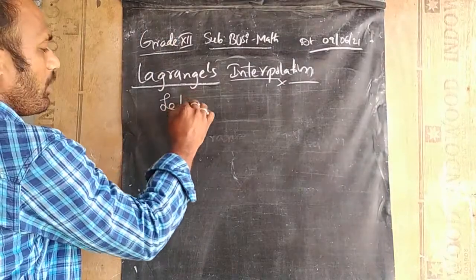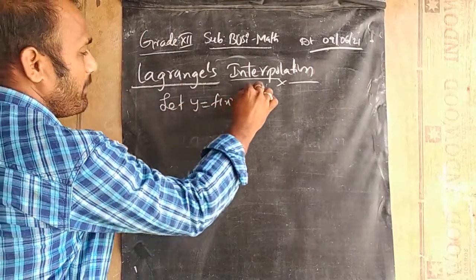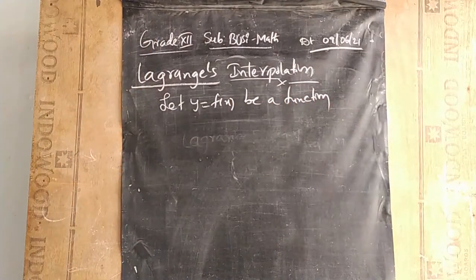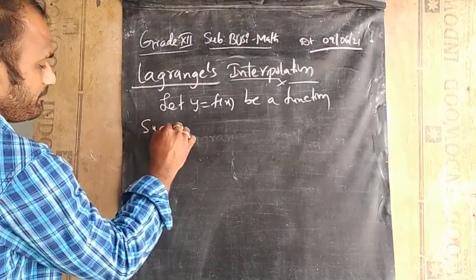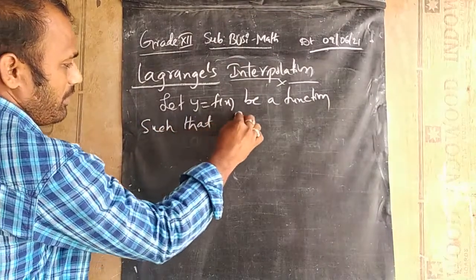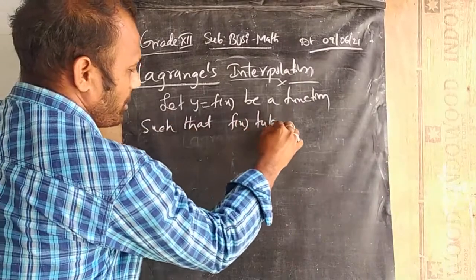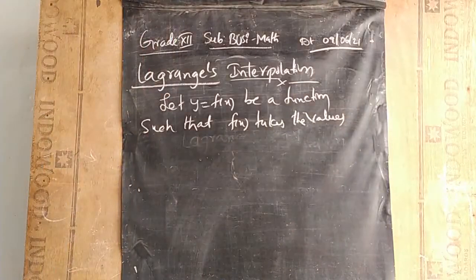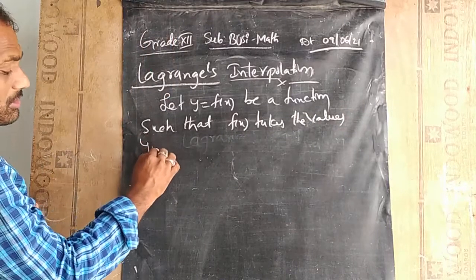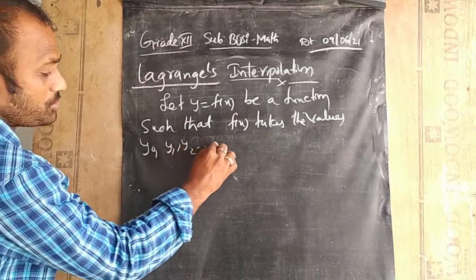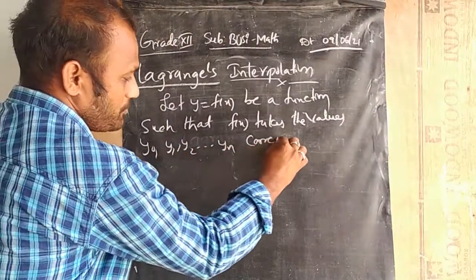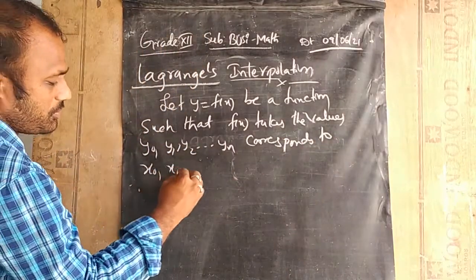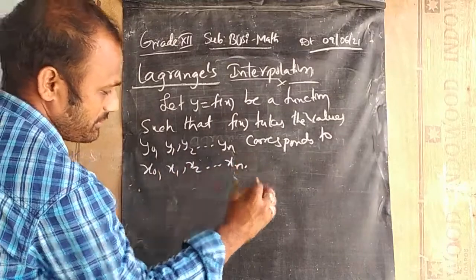Same as before, let y is equal to f of x be a function such that f of x takes the values y0, y1, y2, so on up to yn corresponding to x0, x1, x2, so on up to xn.